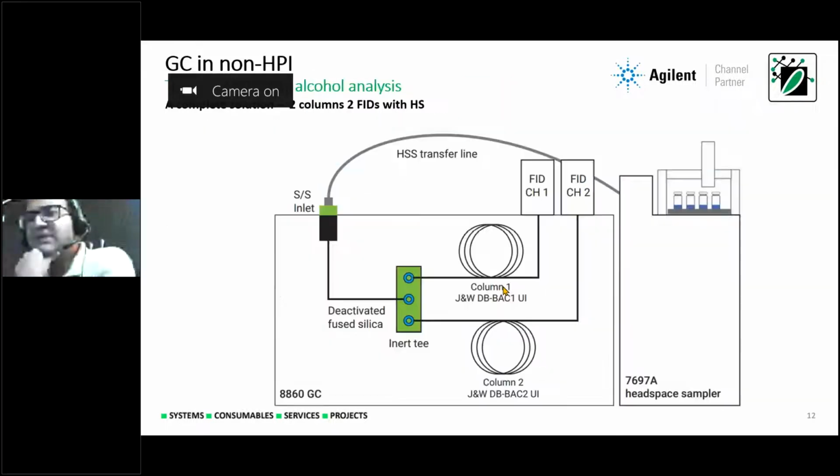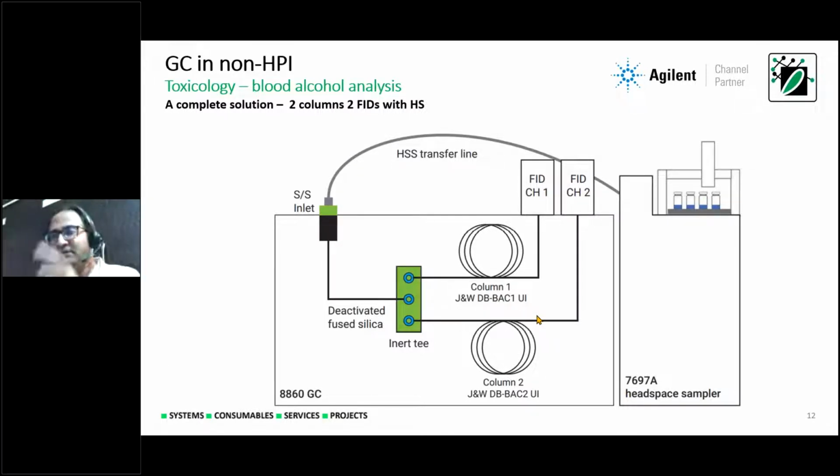The next analysis that we want to look at is the toxicology analysis. And in toxicology, what we want to specifically talk about is the blood alcohol analysis. Now, once again, in the forensic labs, in the Ministry of Interior labs, or in many different hospitals as well, this analysis is very routinely carried out.